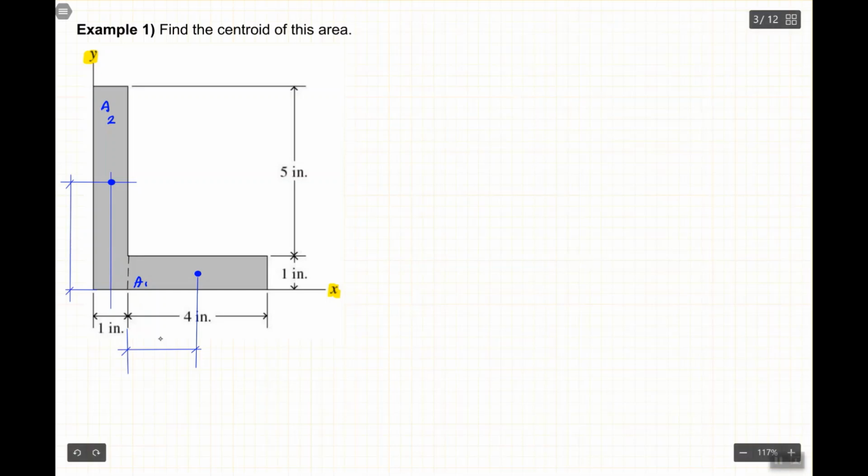So here it must be 2 inches, and over here it must be 3, and also from here this distance must be 0.5 inches. Similarly, I can also say that the distance here must be 0.5.